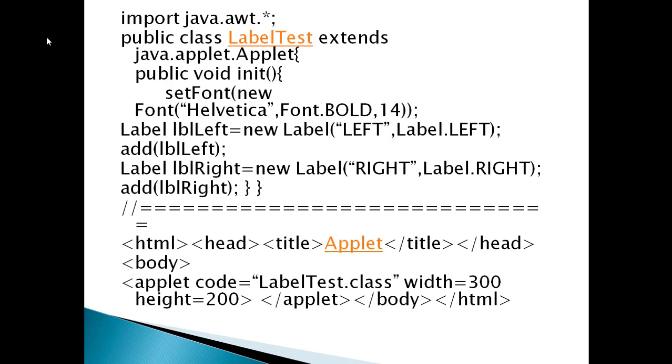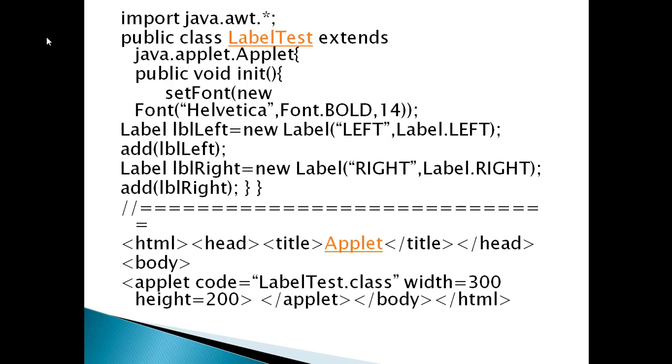Okay, to embed this into HTML, like this: html tag, head tag, title tag, first applet, title close, head tag close, start the body. Inside the body we are writing the applet tag. This applet tag we have studied in the applet chapter.